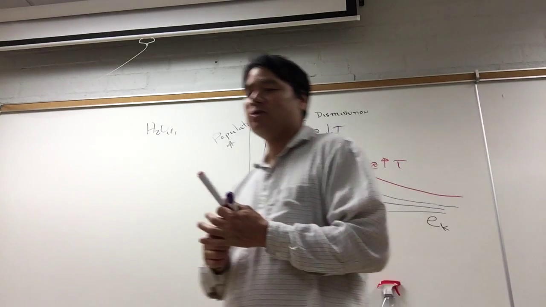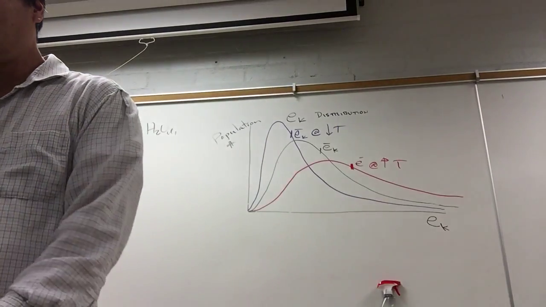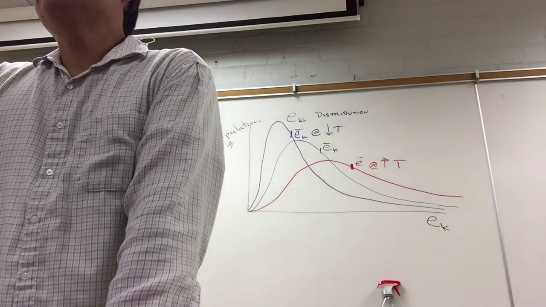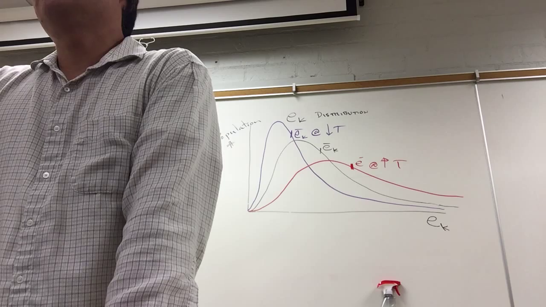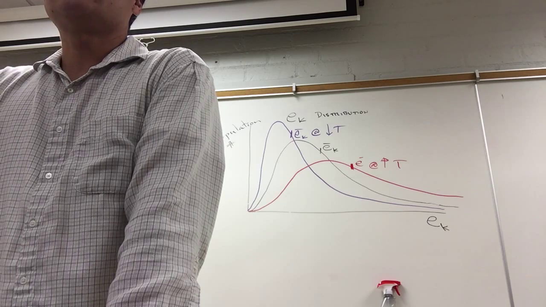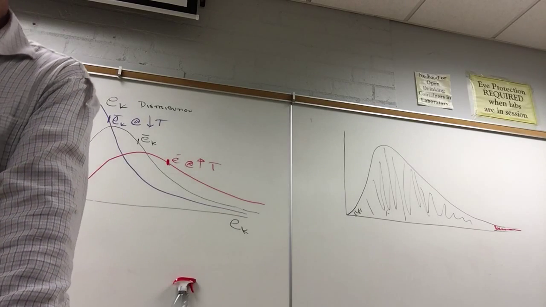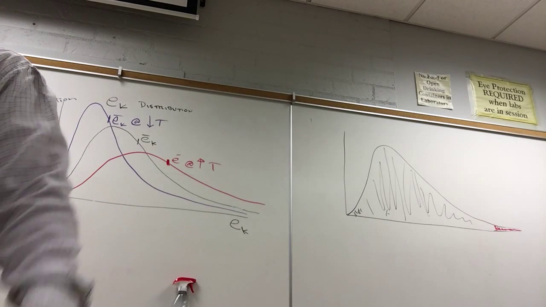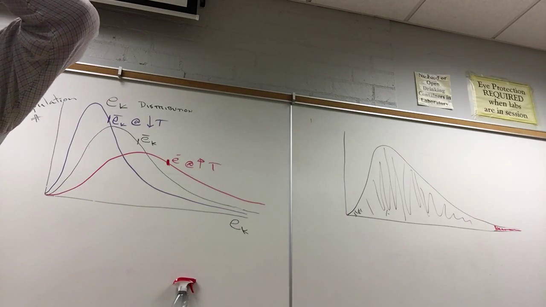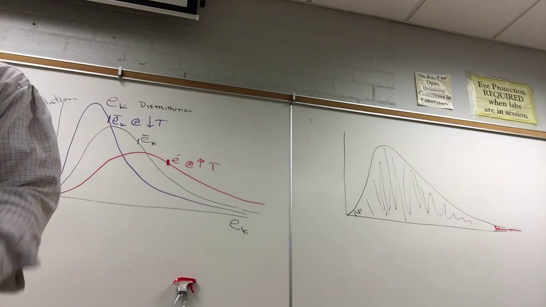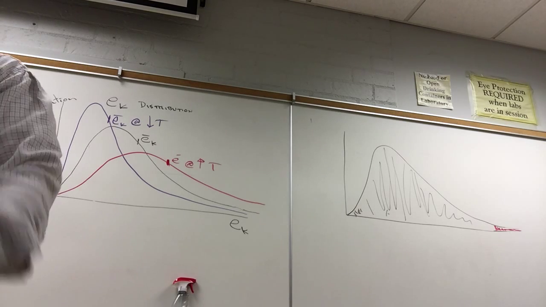kinetic energy distribution. The funny thing about this is, when we think about kinetic energy, we normally think of it as occurring as a continuum of energies. A continuum of energies means that any energy is allowed. So if you're driving your car, can you go any speed up to the maximum speed of the car?